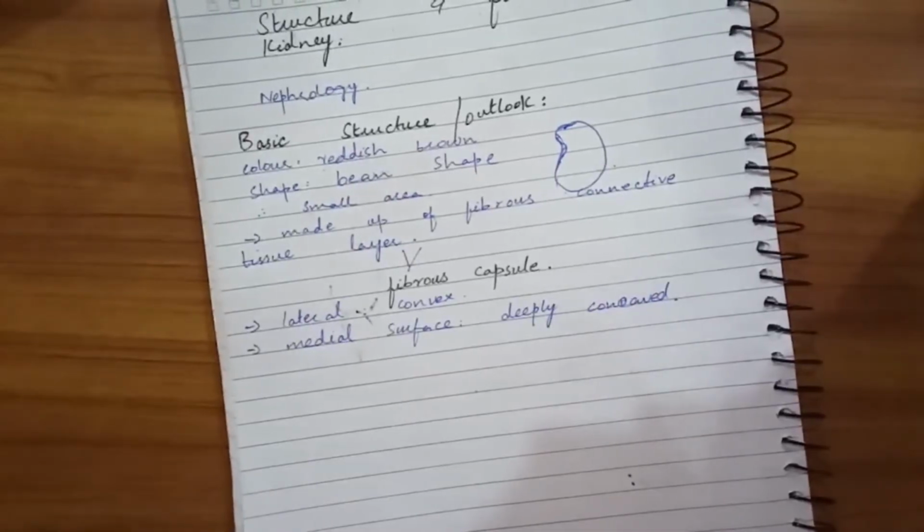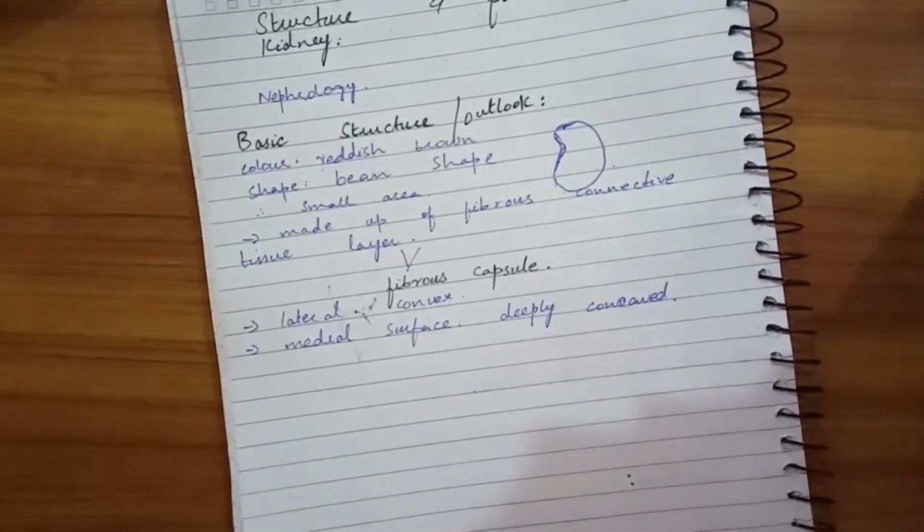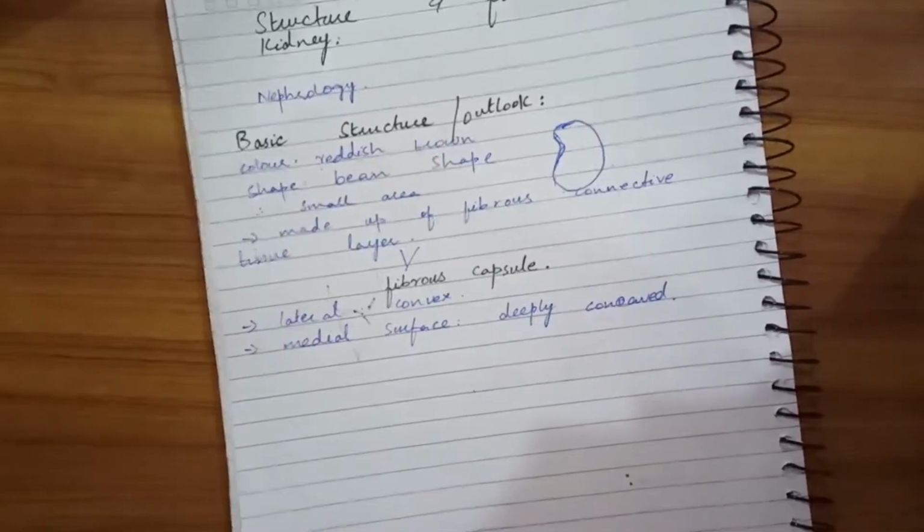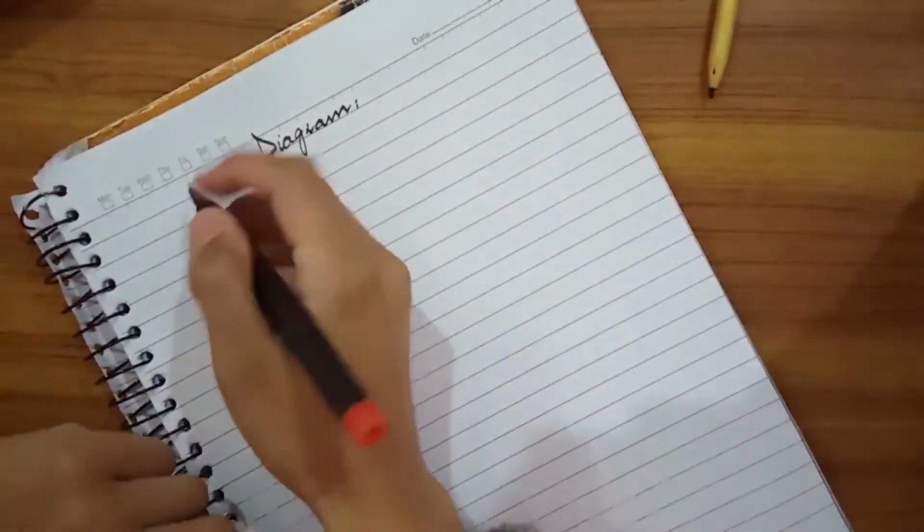Now I'm going to draw the diagram of the kidney, and the remaining information I'll teach you through the diagram of the kidney. So let's do it diagrammatically. I'm going to draw the external and internal structures both.